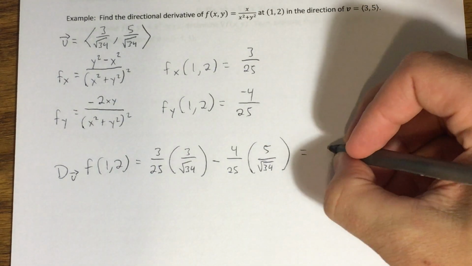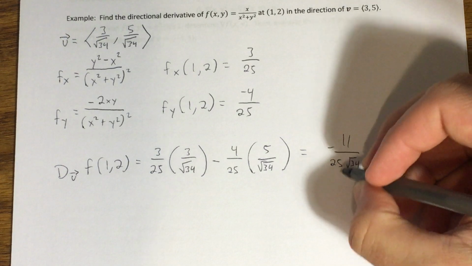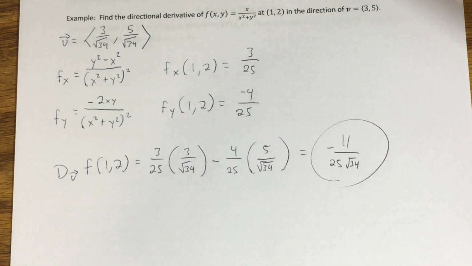Okay, that's going to work out to negative 11 over 25 root 34, doing the arithmetic. So there's my directional derivative that I was looking for.